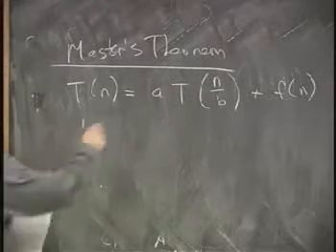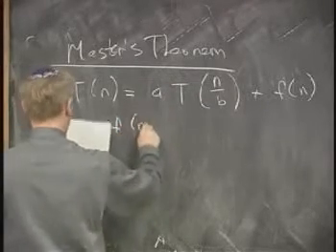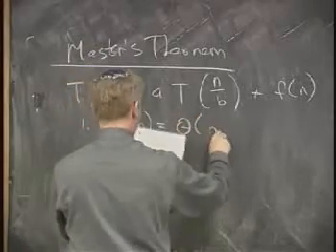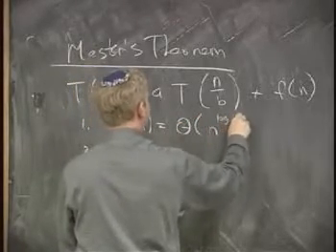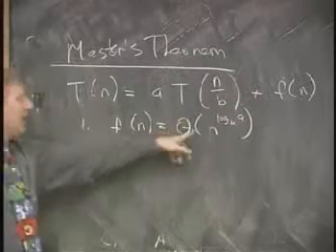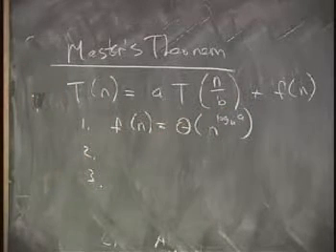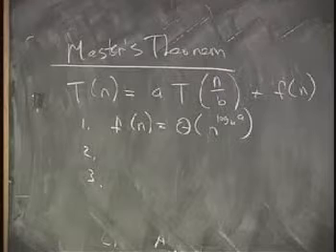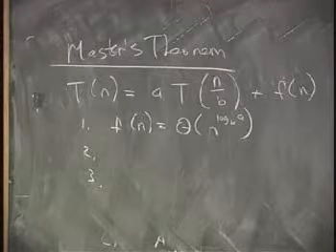And here's what it compares. Case 1. f of n equals big theta n to the log b a. If f of n and n to the log b a are the same, that's one case. The other 2 cases are when one's bigger and when one's smaller. We'll do an example in a second.